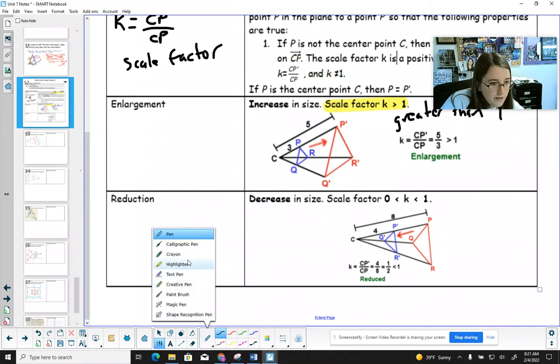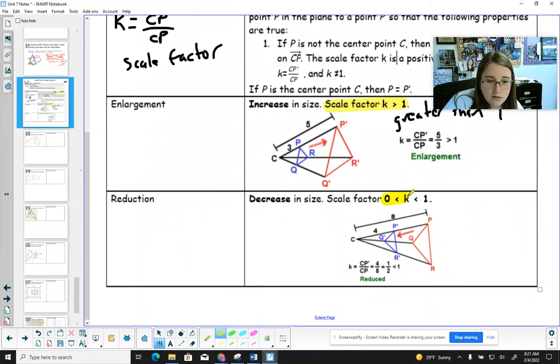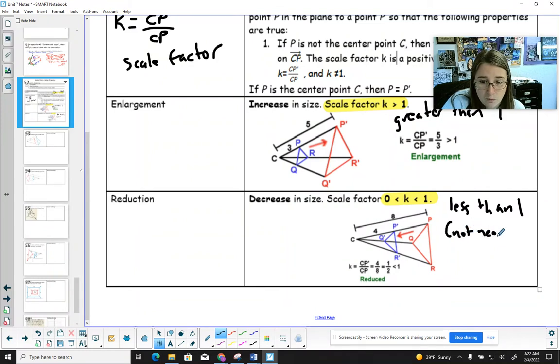A reduction would be multiplying by a fraction that is specifically less than 1. Our scale factors can't be negative, but they'll be less than 1. So this is less than 1, however, not negative. That's what that means when we have 0 less than k less than 1. It just means less than 1, but not negative.